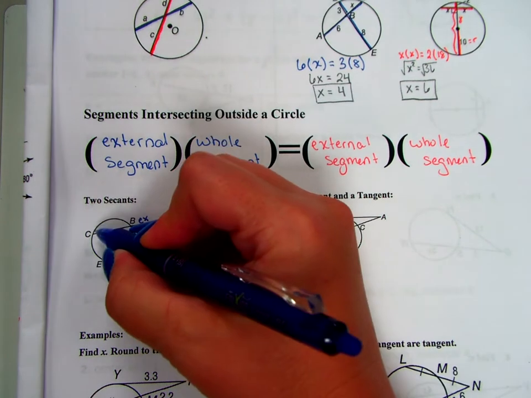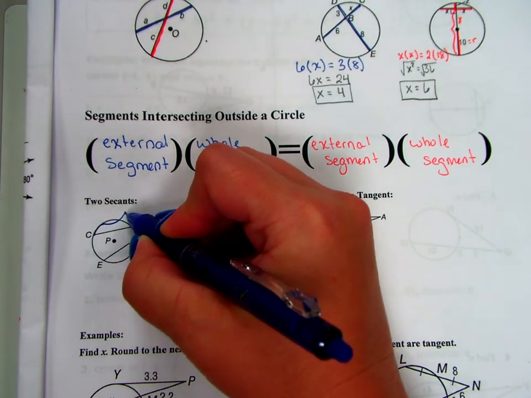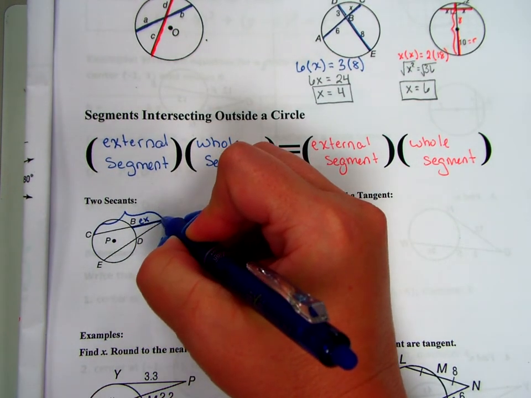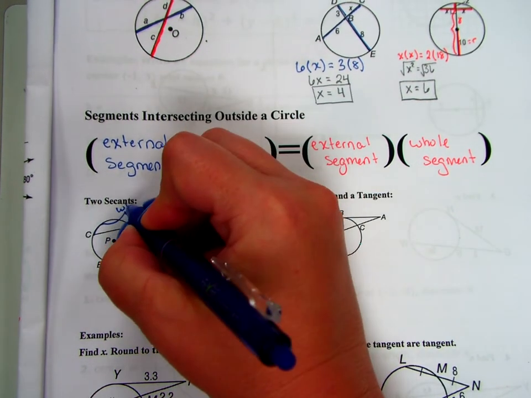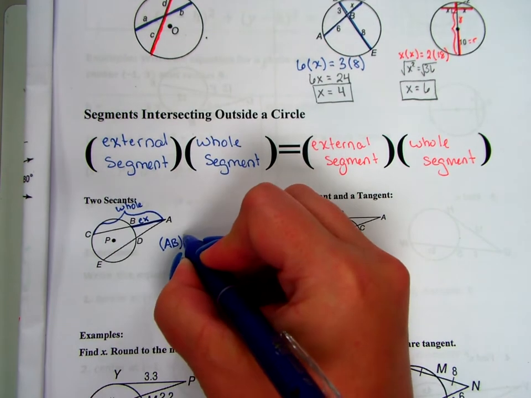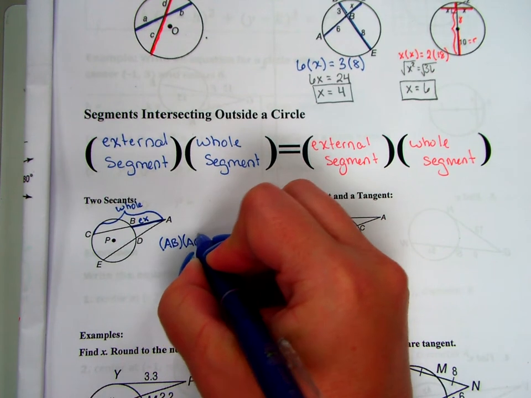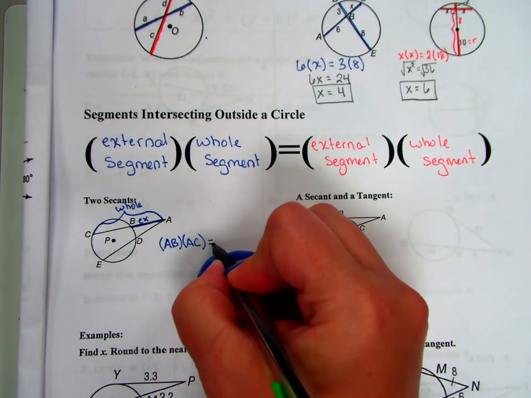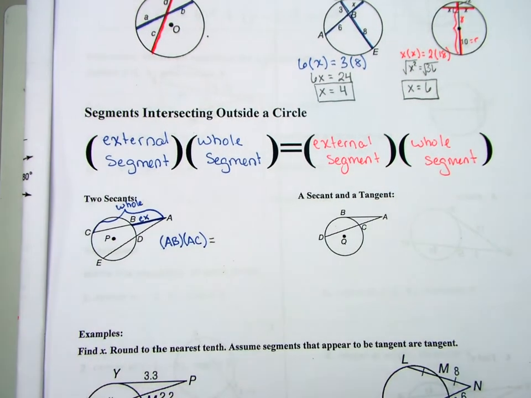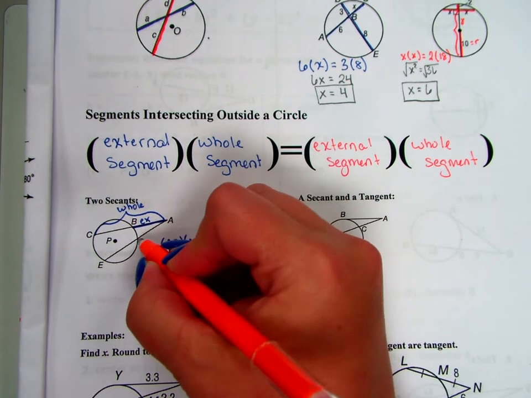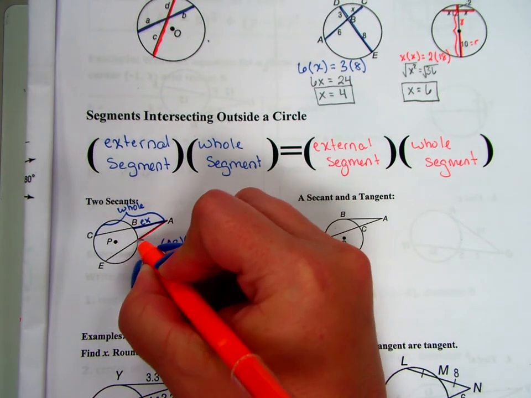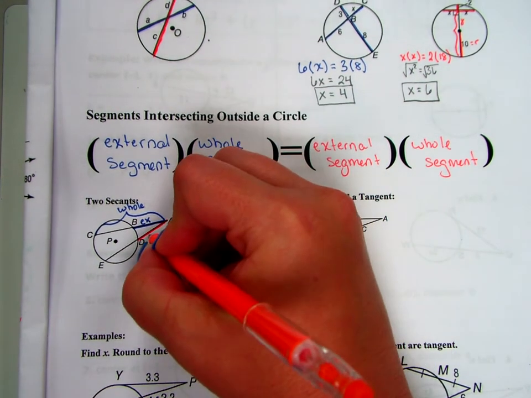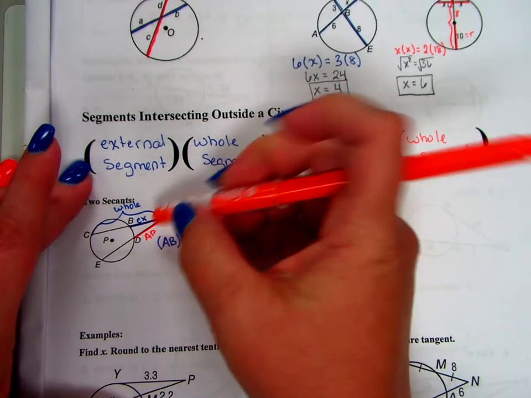The whole thing is going to be AC. That's going to be equal to, then we're going to look at the other segment. My external piece is AD. Oops, I'm writing AD.